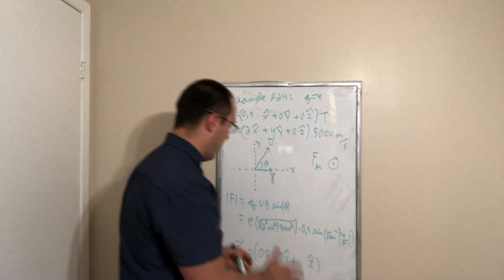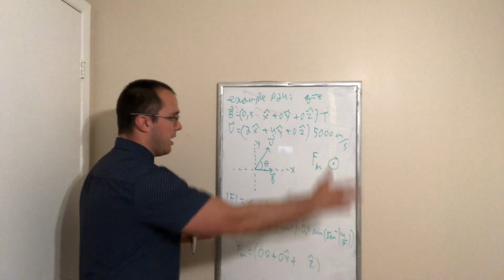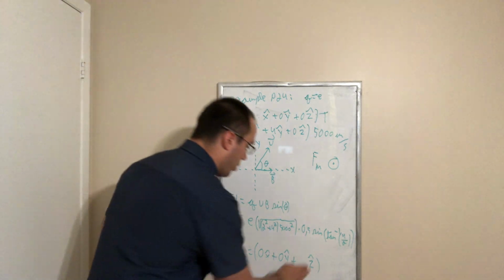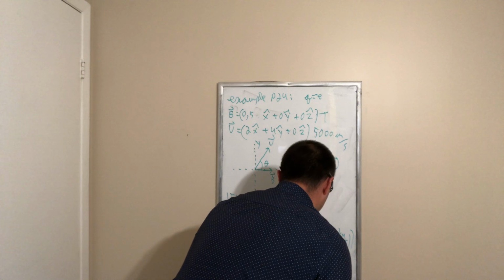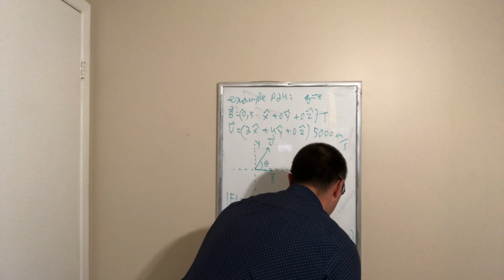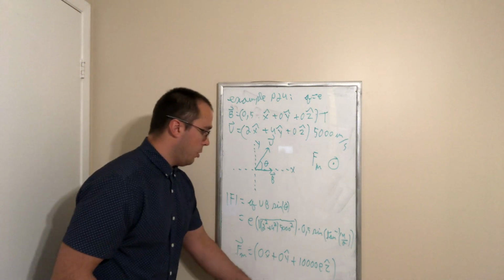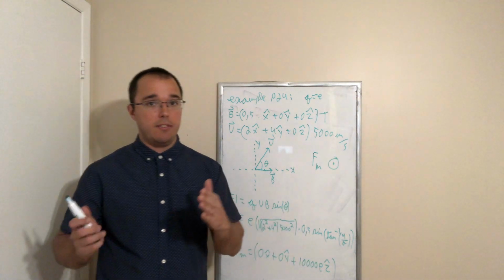Okay, so obviously I wrote everything on the same line just because it's easier to visualize that way, otherwise I will have to erase half the board. All right, once we input all these values, what we get for the magnitude is 10,000 multiplied by the electron charge. So that's our magnetic force vector: 0 in the x, 0 in the y, plus 10,000 multiplied by the electron charge in the positive z direction.